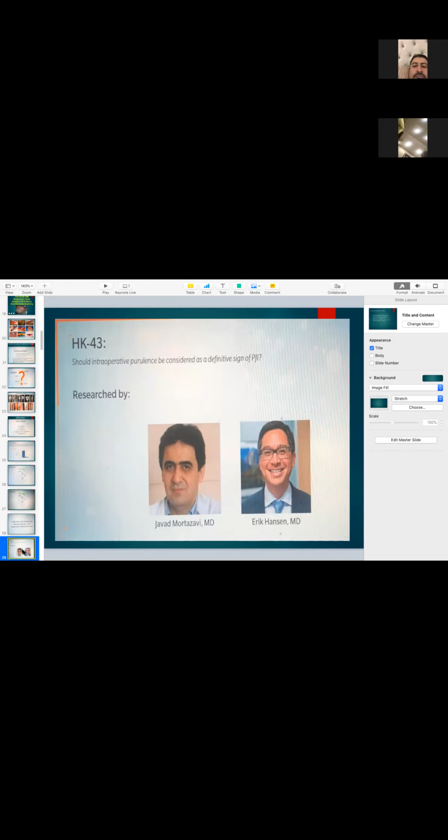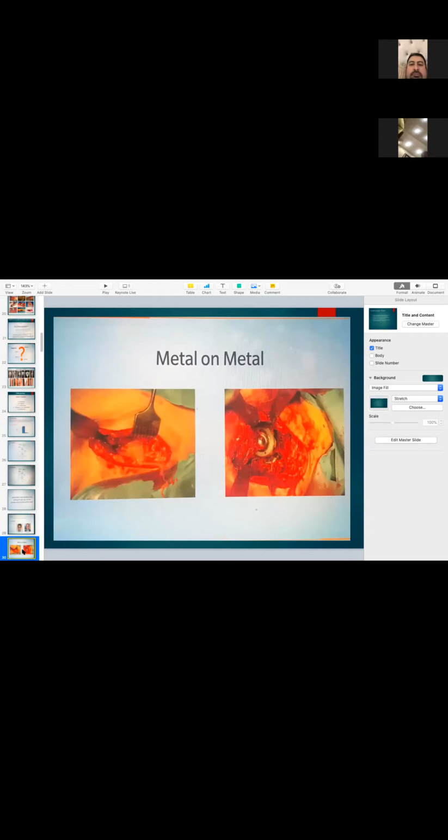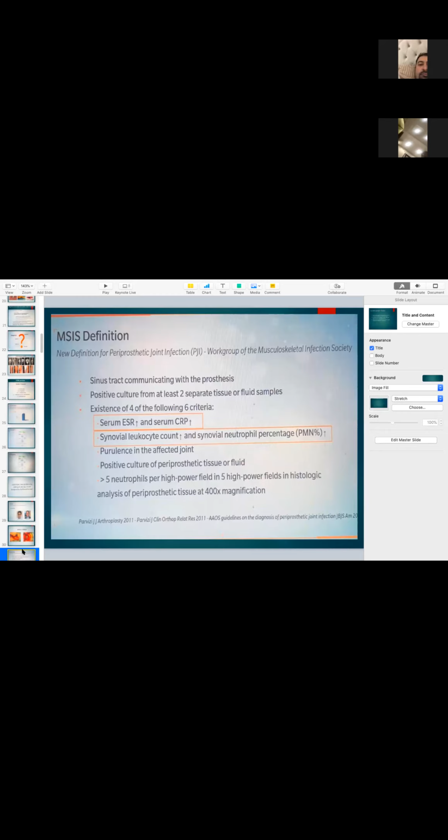We say no. Maybe infection, maybe not, because there are some cases which cause pus, but it is sterile pus. This is not infection. Metal on metal, sometimes with a pseudotumor, may cause pus. For the MSIS definition, we compare it to Philadelphia and concentrate on ESR and CRP.